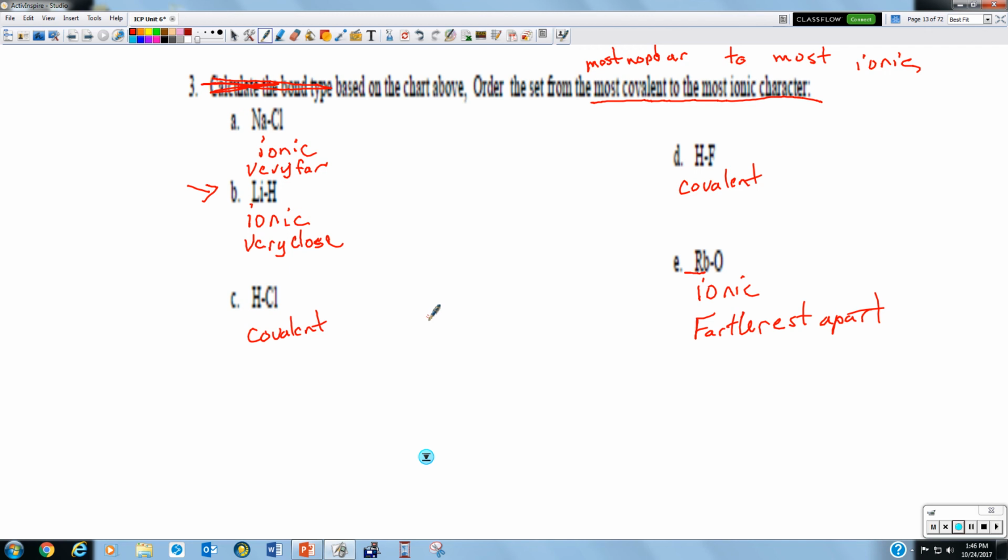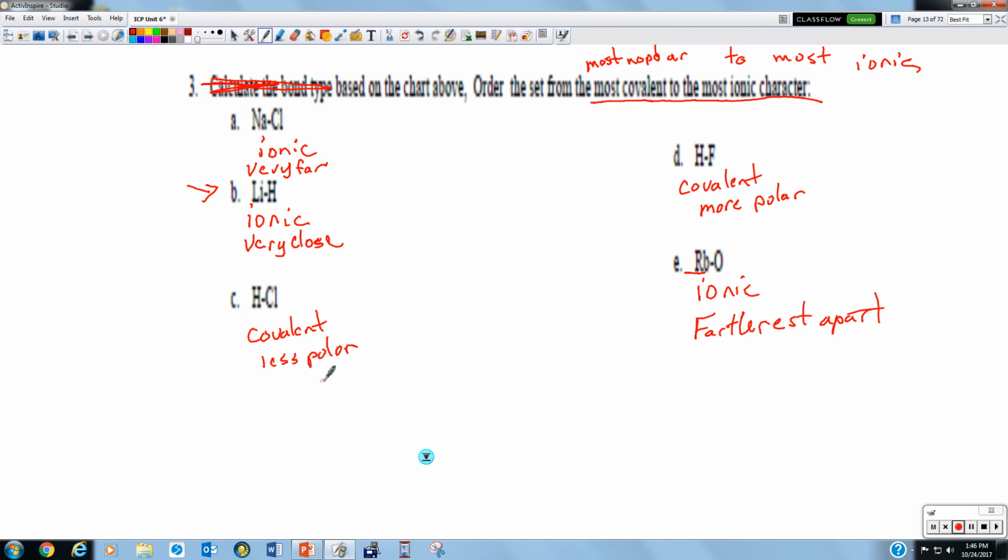But when we look at the numbers for the E and D, fluorine's a 4.0, hydrogen's a 2.1, and chlorine's a 3.0, and hydrogen's 2.1. So this one's going to be more polar. Yes. All right.